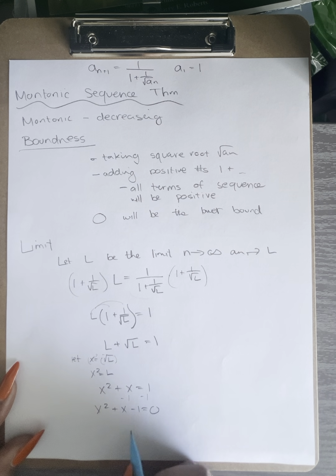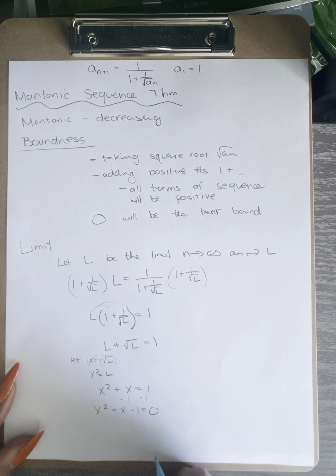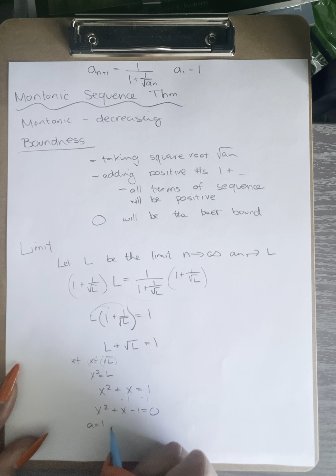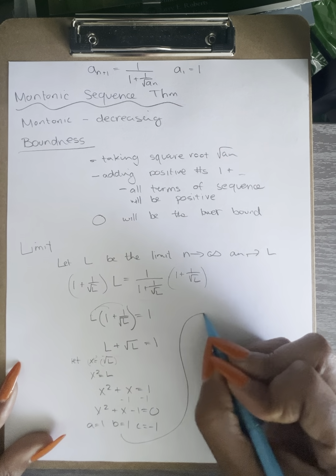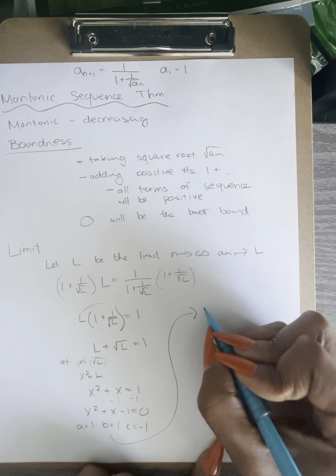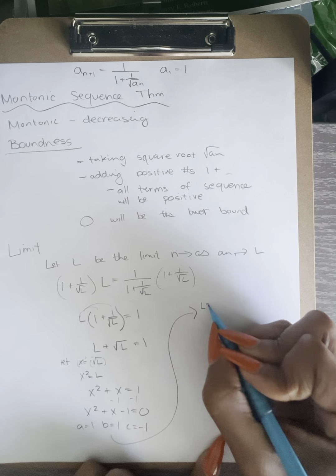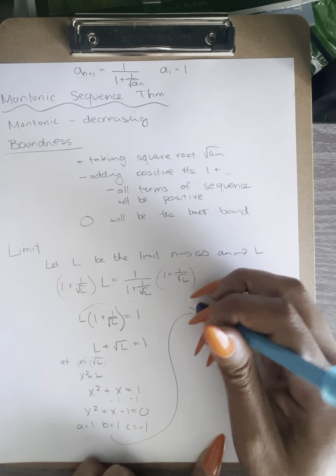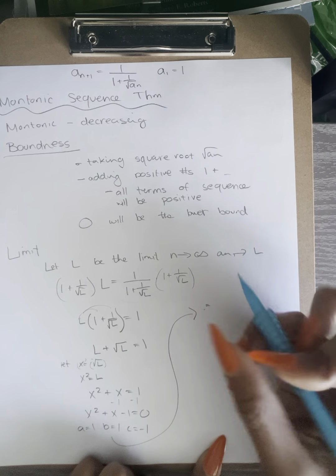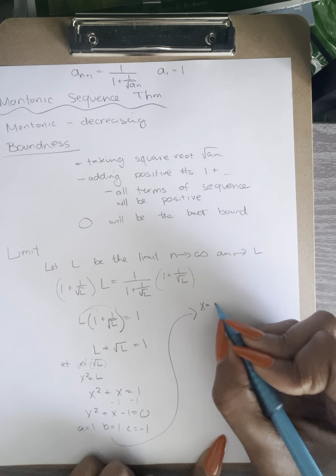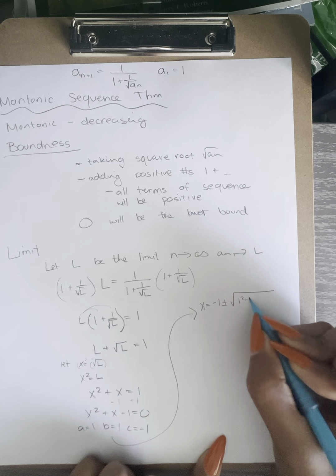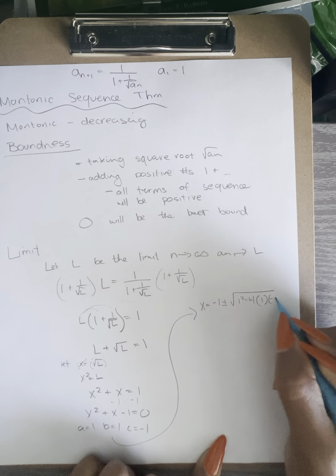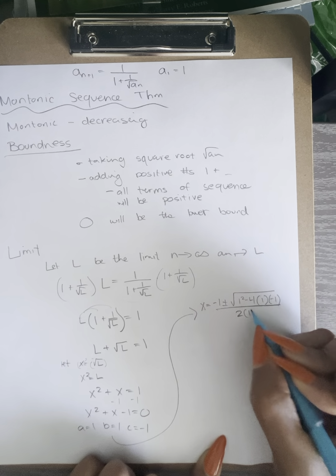But I can't necessarily factor, so I'm going to go ahead and use the quadratic formula where A and B equal 1, but C is equal to -1. So let's see, I'm running out of room. I'm going to come up here. I'm going to have that X is equal to -1 plus or minus the square root of 1 squared minus 4 times 1 times -1, all over 2 times 1.